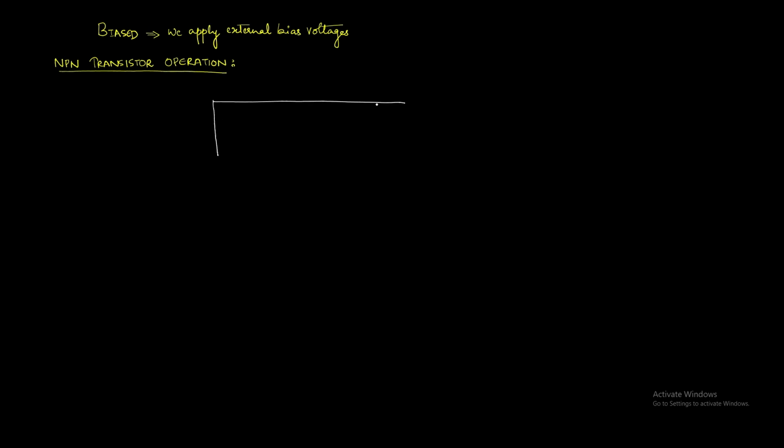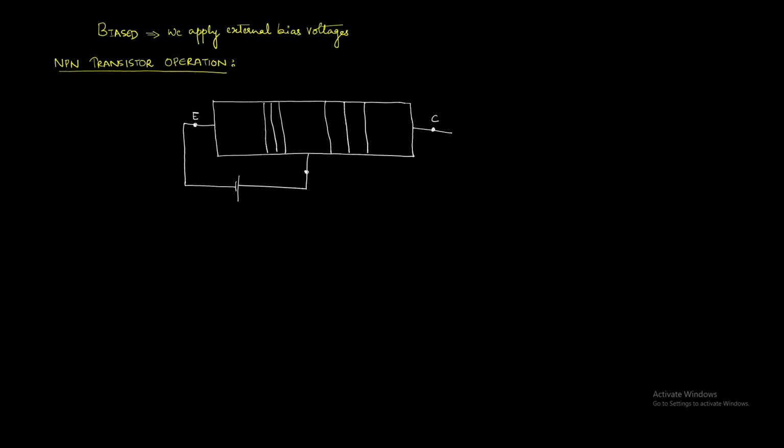Let me draw the configuration of the NPN transistor. We have seen previously in the unbiased case that our outer layers, that is the emitter and the collector, were heavily doped while the base was lightly doped, and there was a layer of ions created on either side of the junctions.